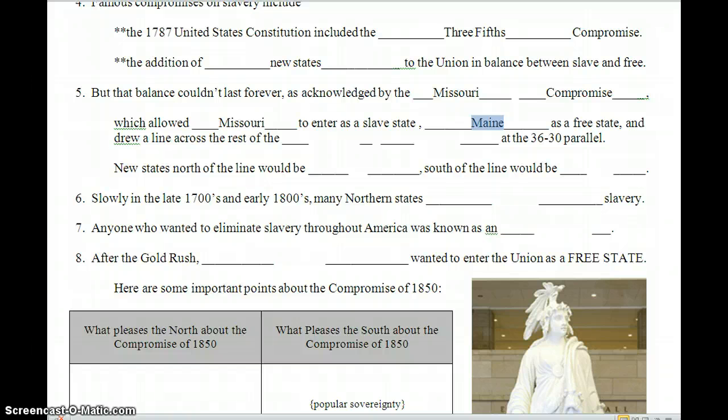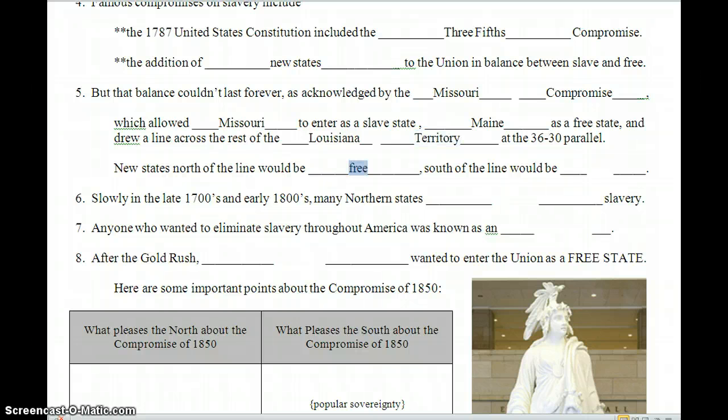And then, knowing we couldn't continue to add free and slave states at the same time, they decided to draw a line across the country at the 36°30' parallel, dividing the Louisiana Territory into future slave and free states. New states north of that Missouri Compromise line would be free.